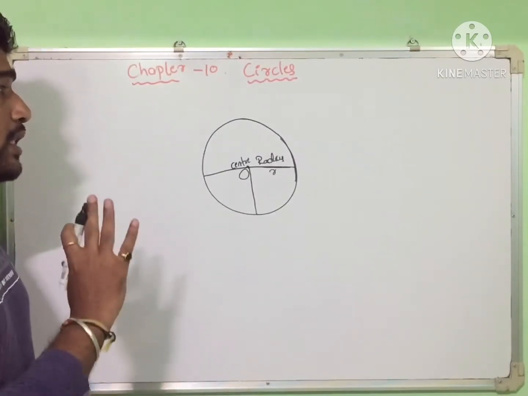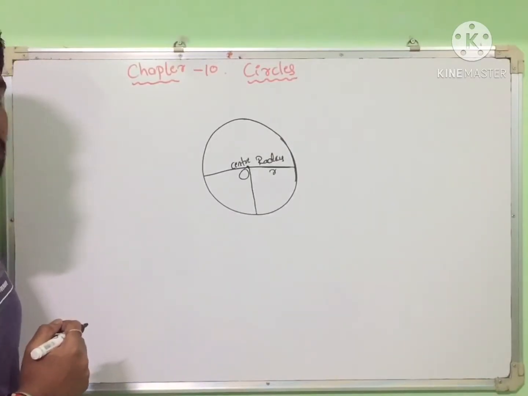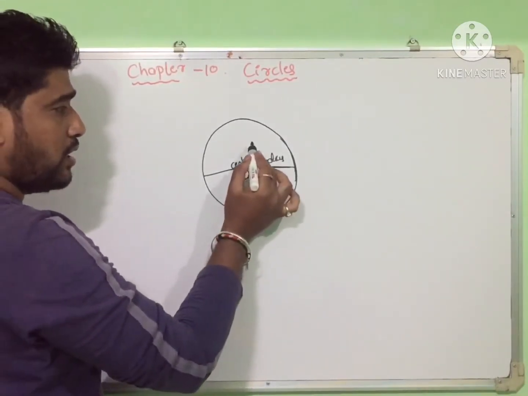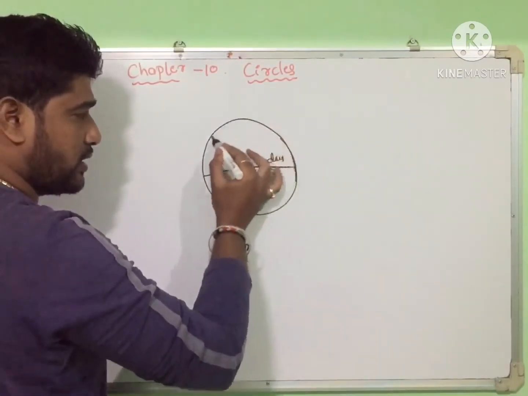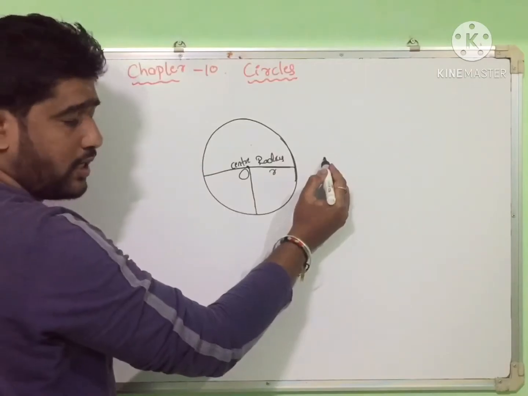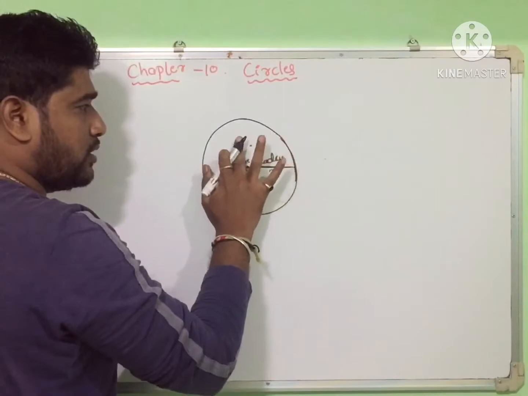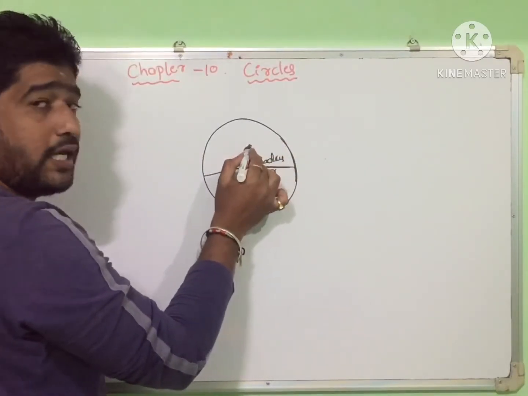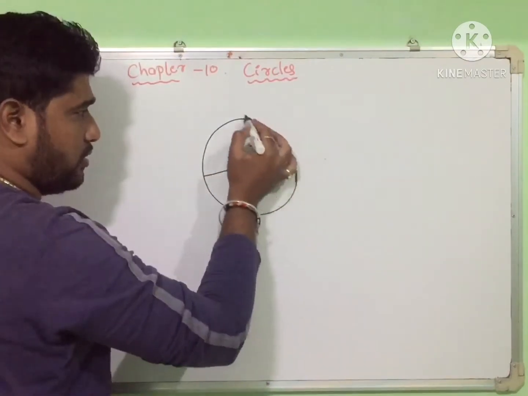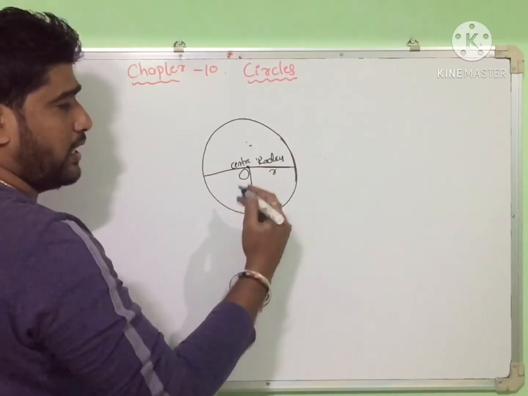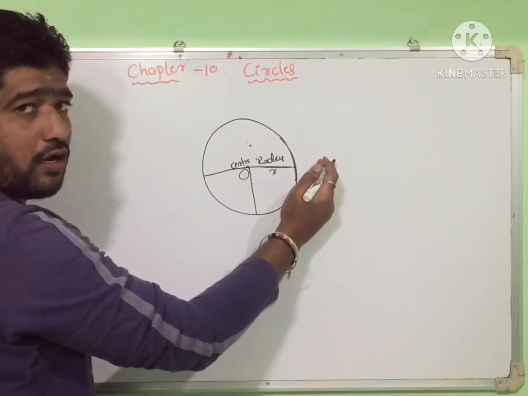And now the circle divides the plane into three parts. One is inside the circle, another is on the circle, and the third is outside the circle. Inside the circle is called the interior of the circle, on the circle is the circle itself, and outside means the exterior of the circle.